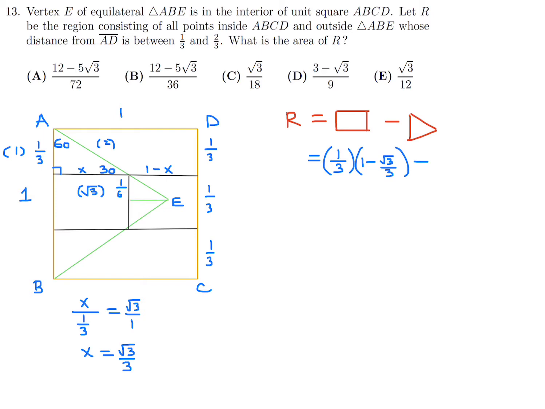I can do that once again with this 30, 60, 90. This is 90 degrees, this guy is 60, and that angle is 30. So if I call this distance h, the height of the triangle, then 1 over 6 over h is equal to 1 over √3.